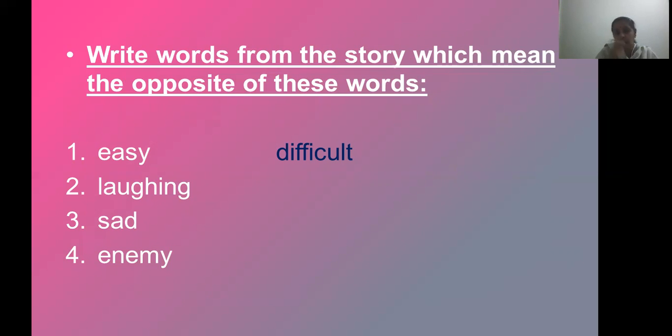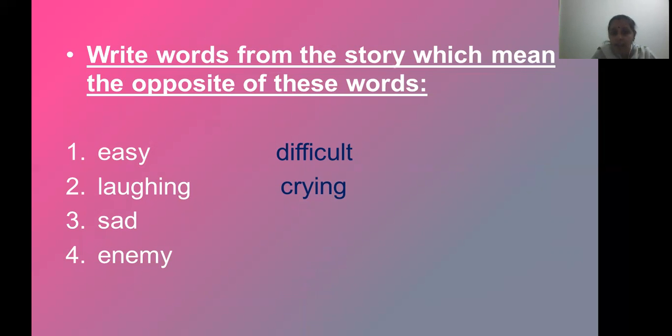Laughing. What is the opposite of laughing that comes in the passage? What does Riku do when Naina pulls him to play? He starts crying, right? So crying is the opposite of laughing. When in the end Riku makes friends, how does he feel?